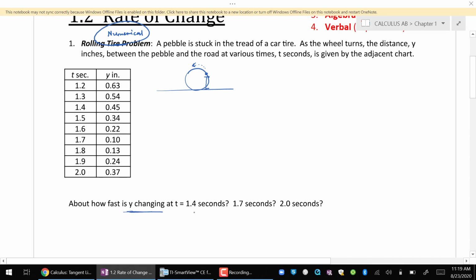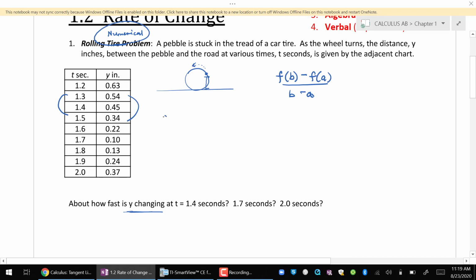So what we're going to use is what's called a symmetric difference quotient. Remember that rate of change can be found by f of b minus f of a all over b minus a. So I'm going to find in the table here where 1.4 seconds is. I'm going to bound that using the 1.3 and the 1.5. So it's really these entries that I want to use in my difference quotient.